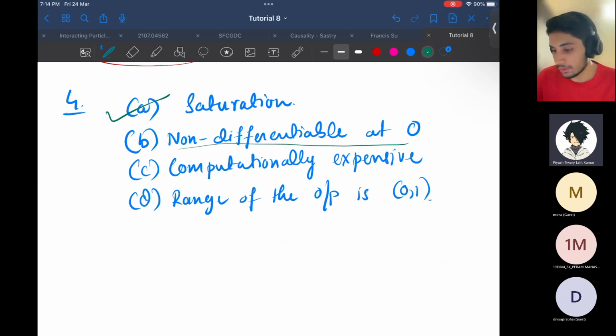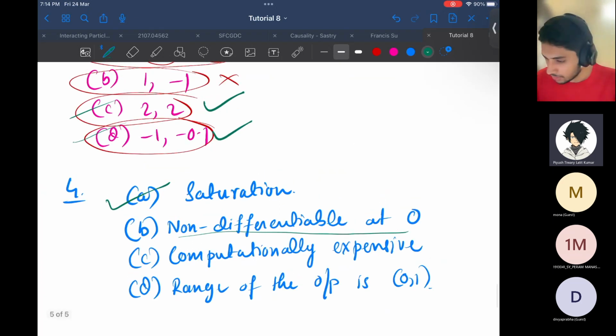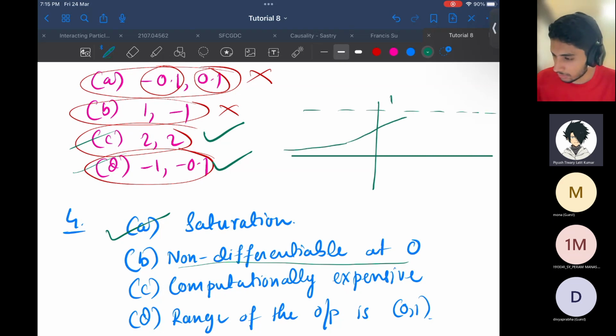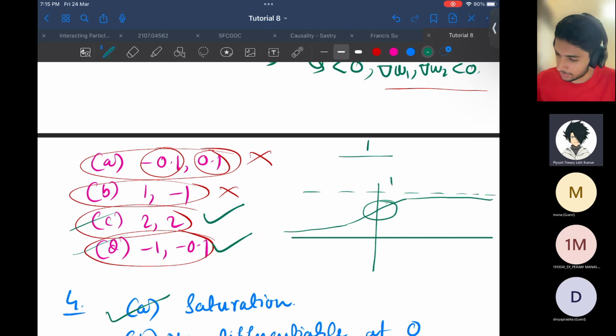Second option is non-differentiable at zero. Well, is it non-differentiable at zero? Here is your sigmoid function, and we saw that it looks something like this. It is differentiable at zero. 1 upon 1 plus e raised to minus x is a continuous function, and there is no issue with it.